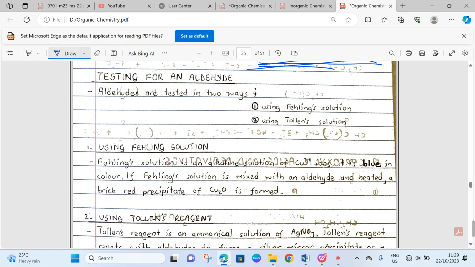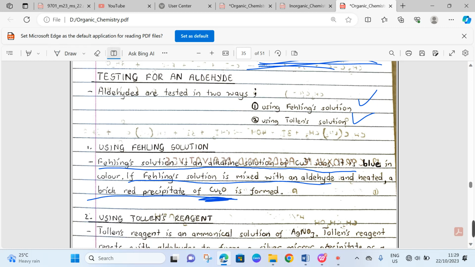Testing for aldehydes. We can test aldehydes using Fehling solution or Tollens reagent. Fehling solution is an alkaline solution of copper 2+ ions. It is blue in color. If Fehling solution is added to an aldehyde and heated, a brick red precipitate of copper 1+ ions is formed.